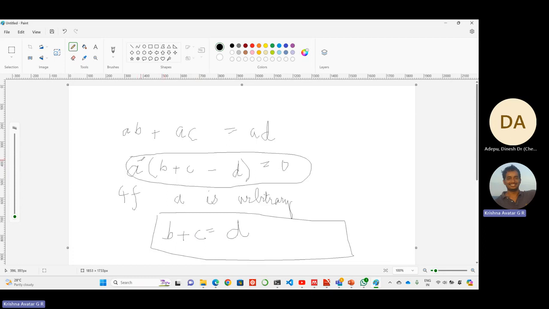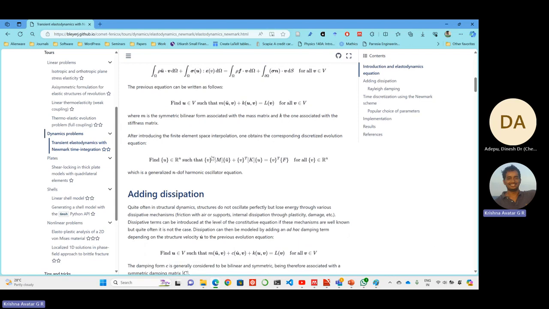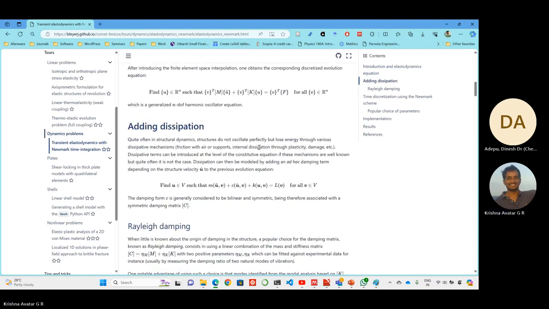So it becomes A transpose times (B vector plus C vector minus D vector), and the conclusion is B plus C equals D. Here also it's the same thing. We can just take out V transpose, and it becomes M U double dot plus K U equals F. That is what we are essentially going to solve.